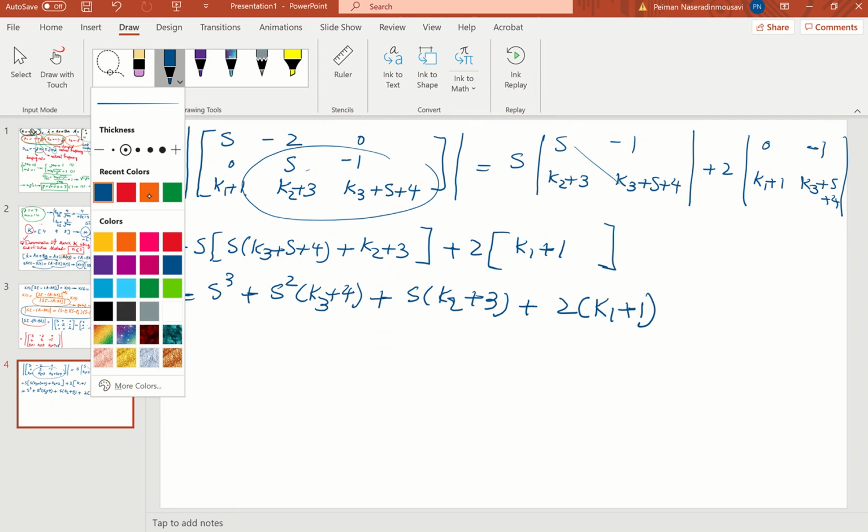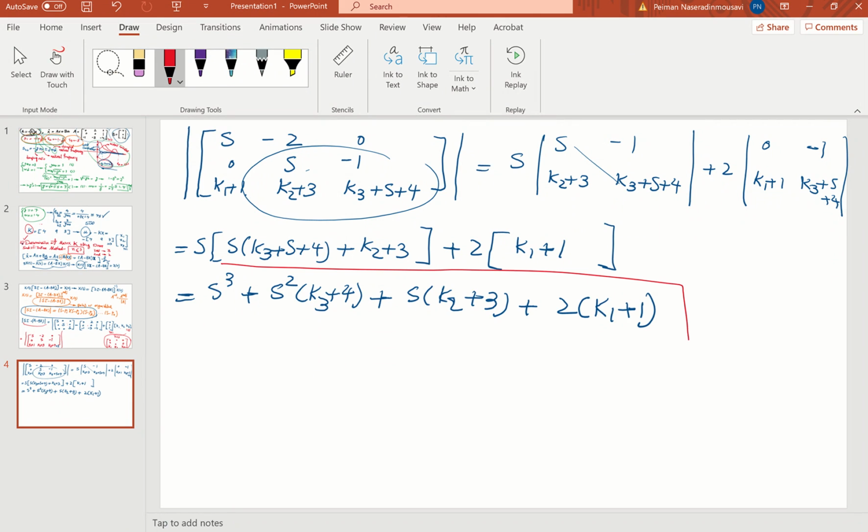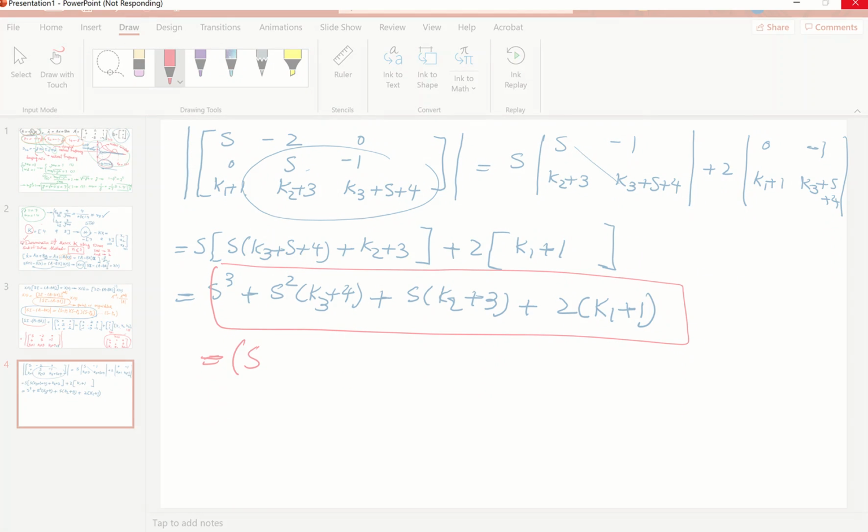So this is the result of that determinant. But this is equal to your desirable poles. Your desirable poles are this.